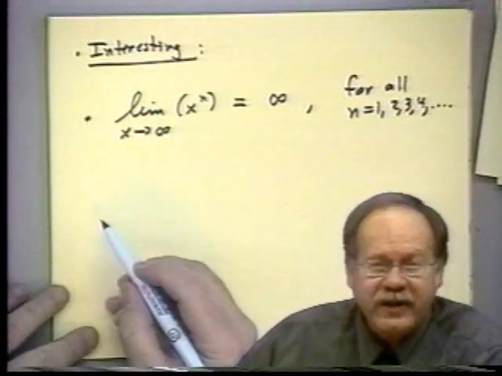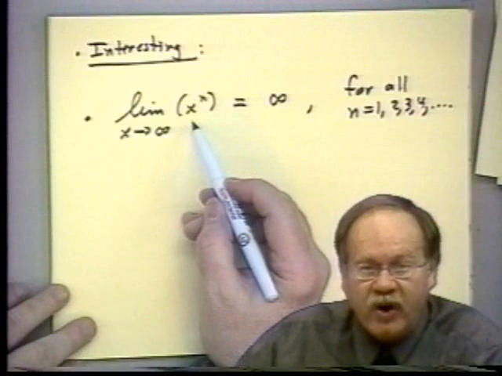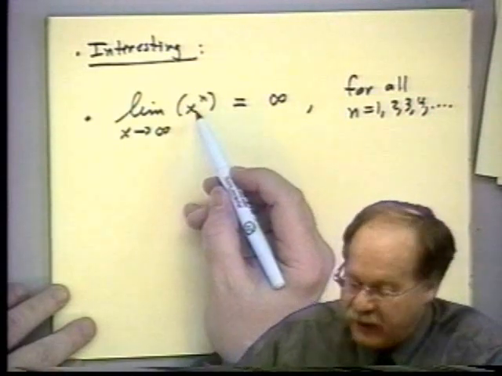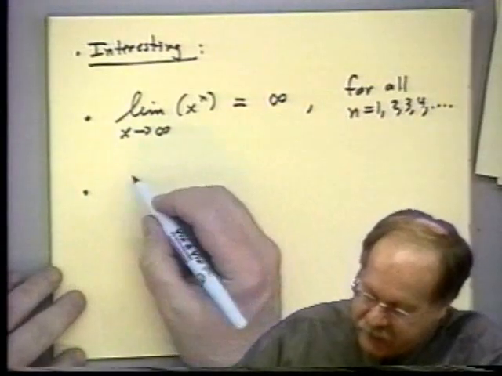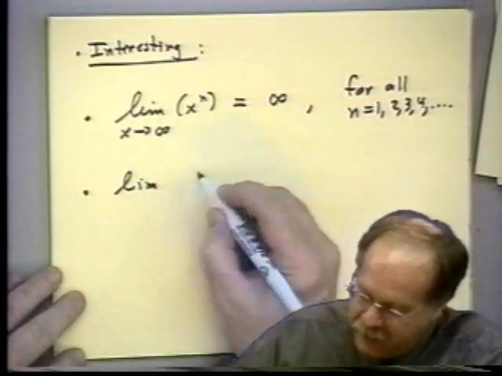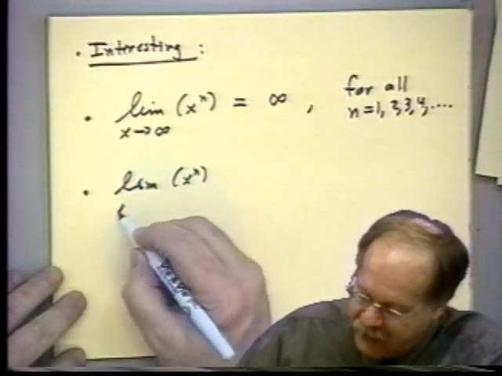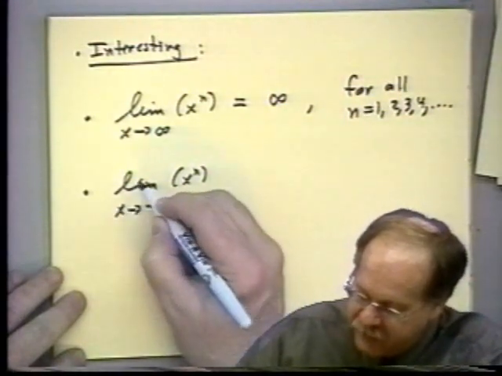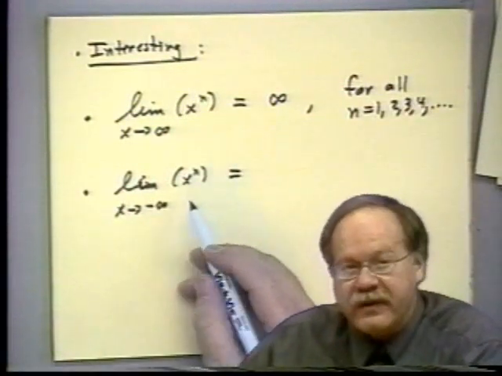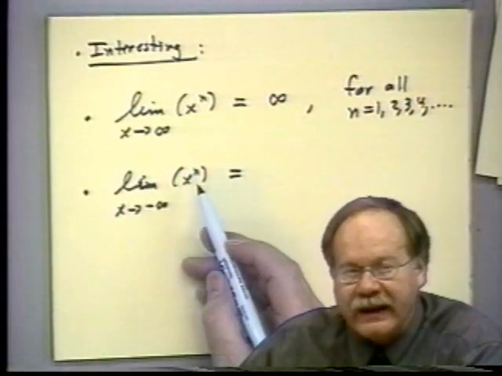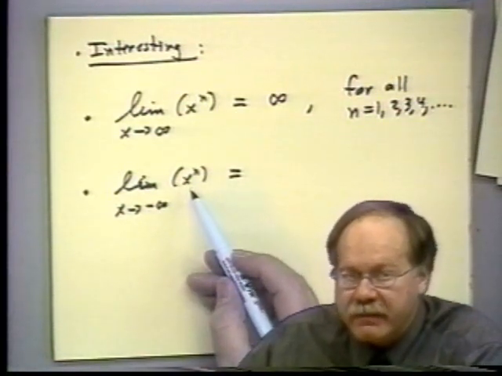So maybe that's not particularly interesting. Powers of numbers where the number is getting larger in the positive sense, that those powers go to infinity, perhaps doesn't surprise you. But now let's look at the other direction. Let's take the limit of x to the n, the same function, as x approaches minus infinity. Now, if you think about this, something happens depending on what n is. If n is even, negative numbers are made positive.